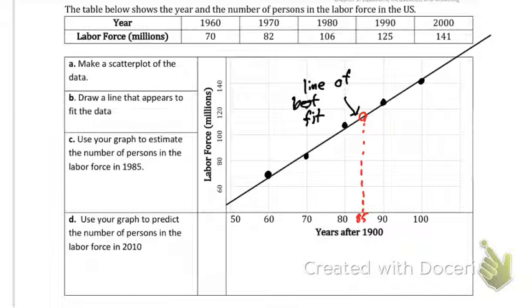So anything around maybe 115, 116, 117, 118, 119 might be pushing it. Anywhere between there would be a good guess. We came up with 115 million for that one.